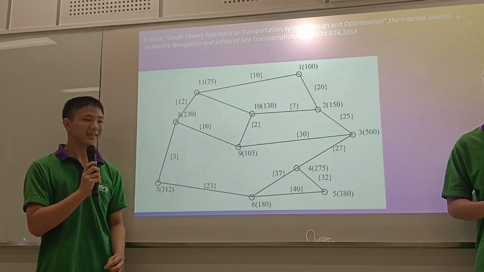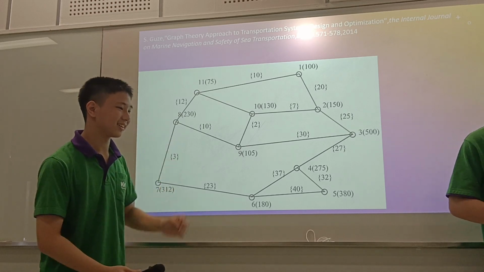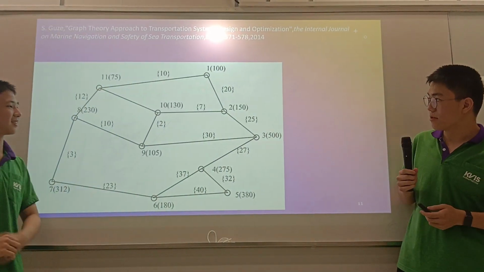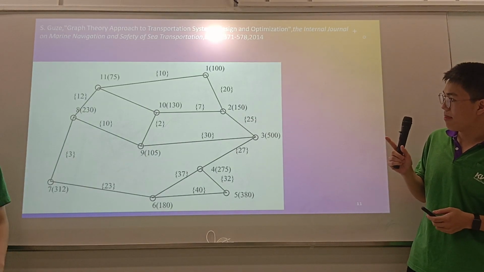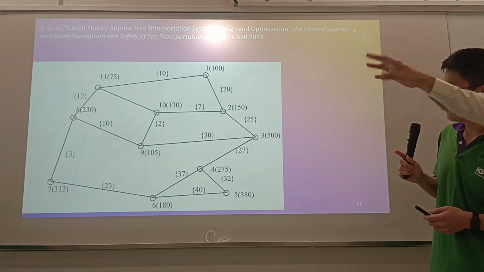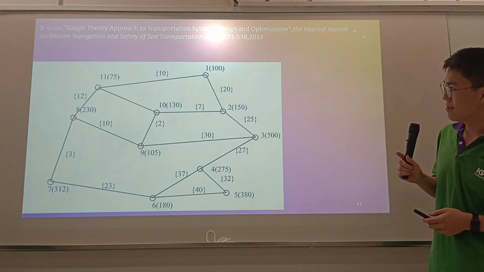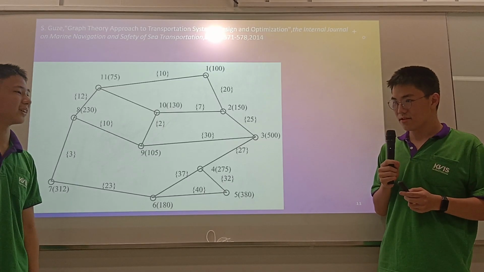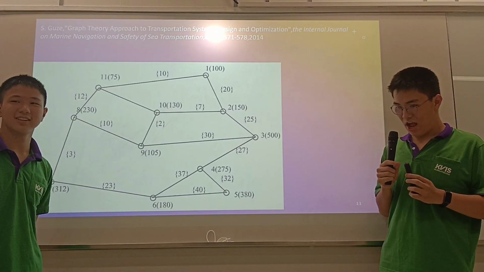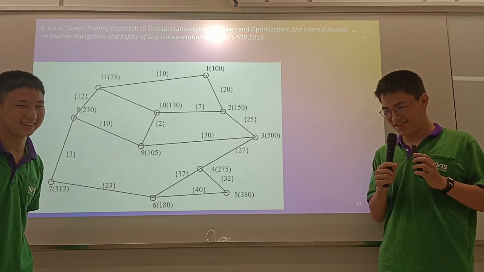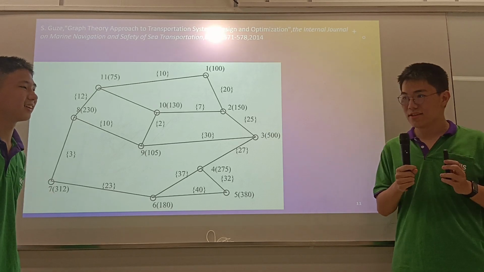Can I ask a question? Your turn. Suppose I want to go from the top, this point one, to that point. How does your algorithm work, or how does it choose the best route? What is taken into account?